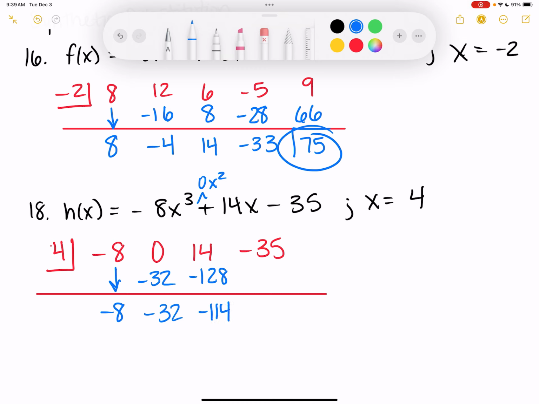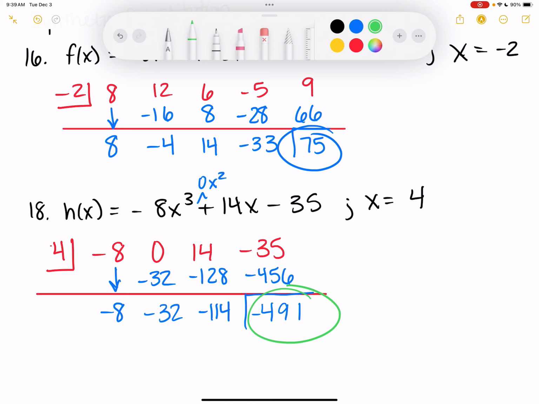Times 4, negative 456. And add those up. I think it's negative 491. I added the wrong numbers. I see. So negative 491.